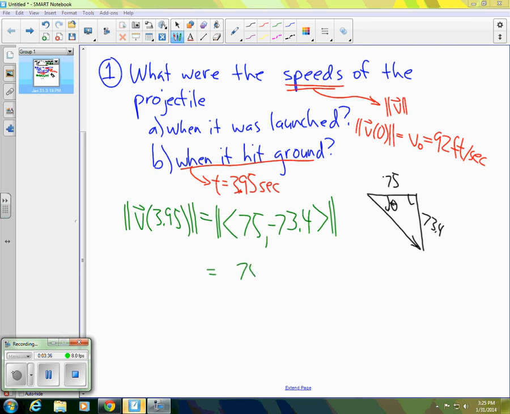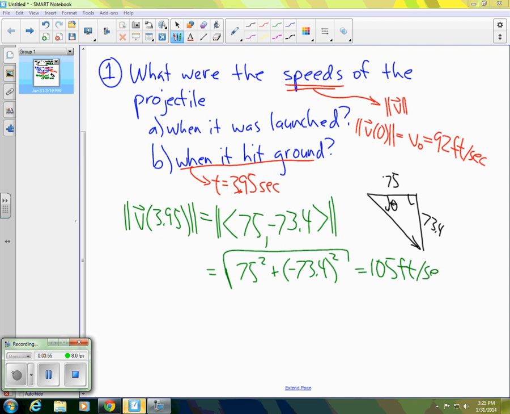So we've got 75 squared plus negative 73.4 squared, square rooted. Okay? And it turns out that that is equal to 105 feet per second.